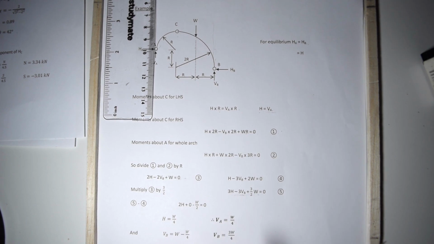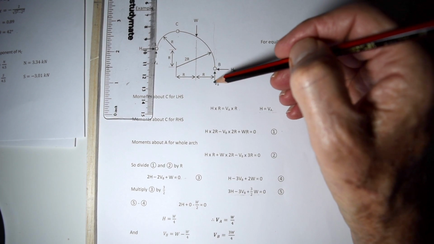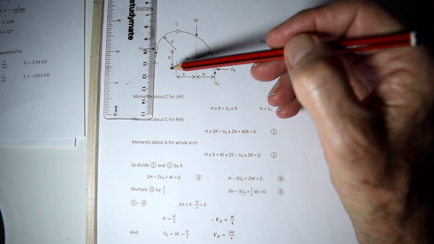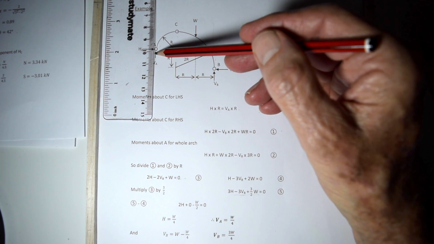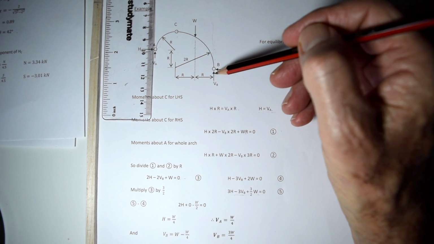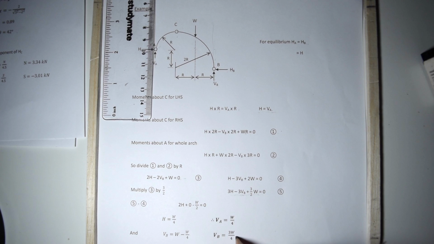There we have it. And VB is the balance of the load. If you've got a load of W over 4 for the vertical reaction there, this is going to be 3/4 of W. We take 1/4 of W away from W and we're left with 3/4 of W.